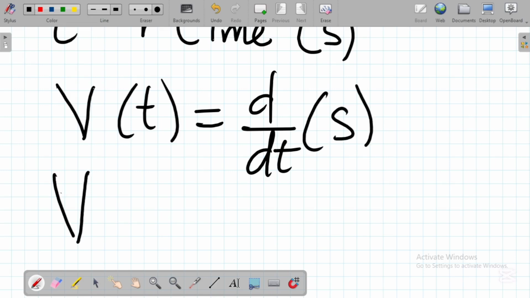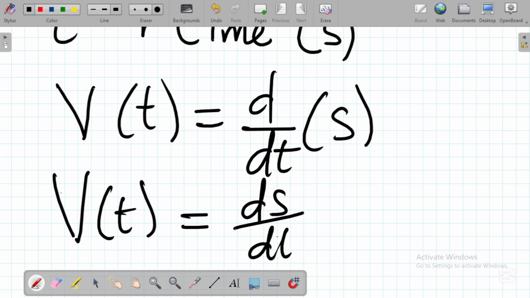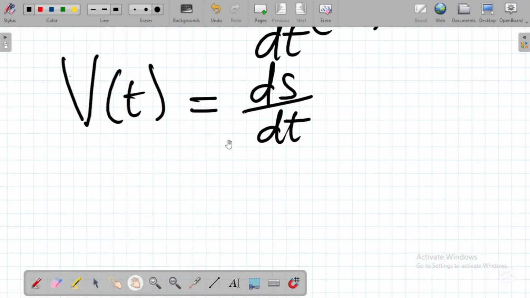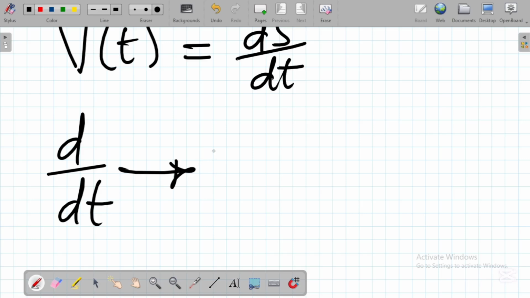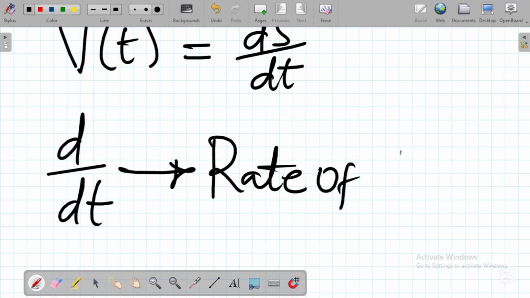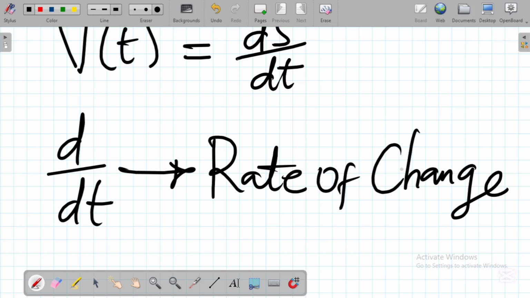That is, v of t is equal to ds all over dt. Now note this, d all over dt is known as rate of change. So whenever we say rate of change of something, we mean d all over dt of that thing.